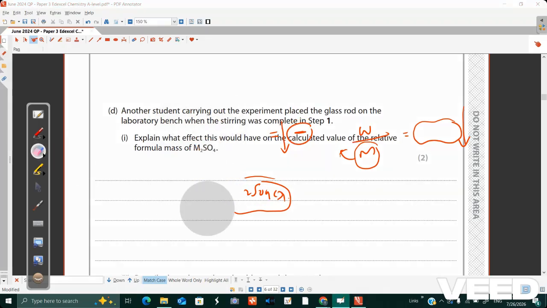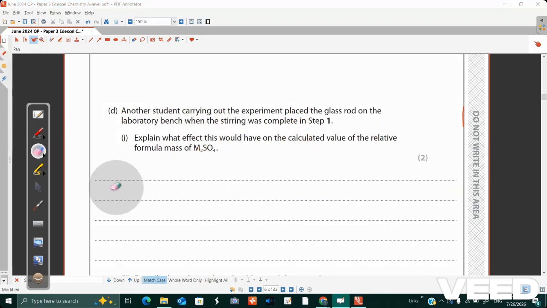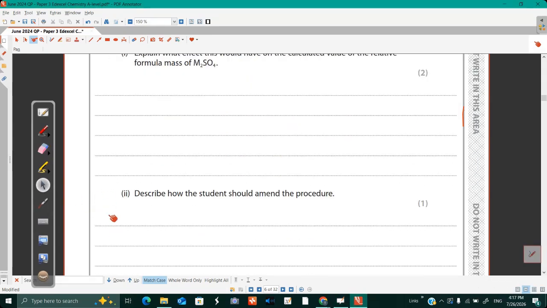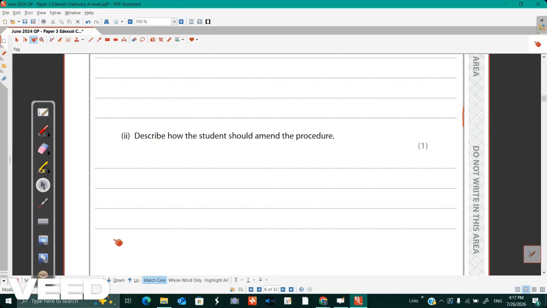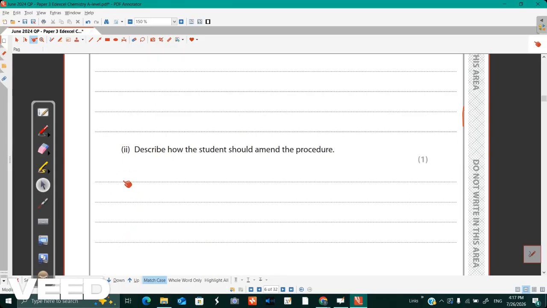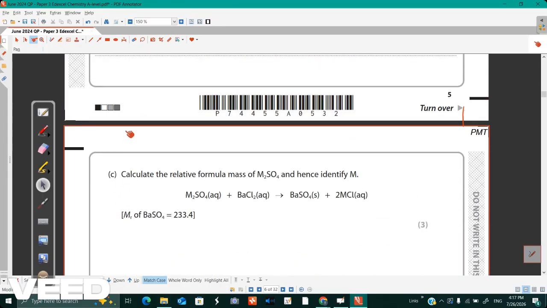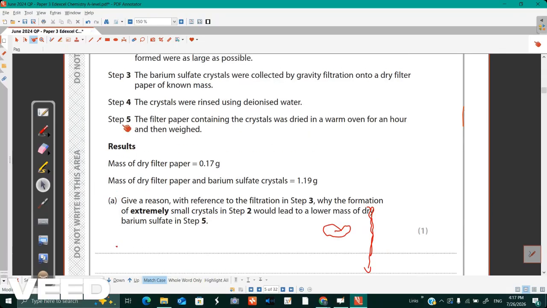As another student carrying out the experiment placed the glass rod on the, okay, we discussed that. Good. Describe how the student should amend the procedure. So it means there's an issue with the procedure, right?